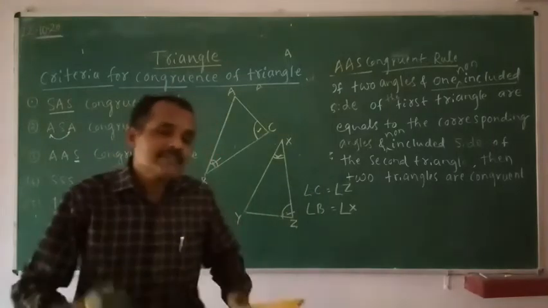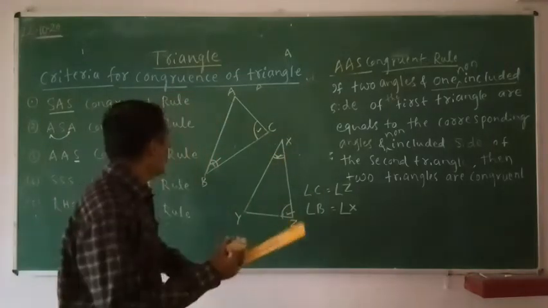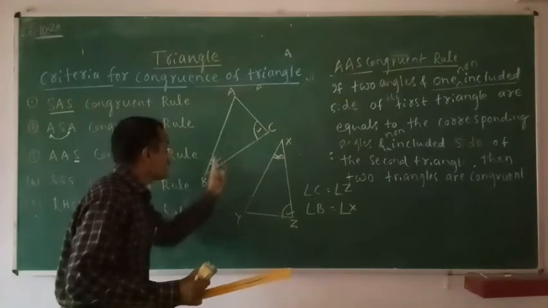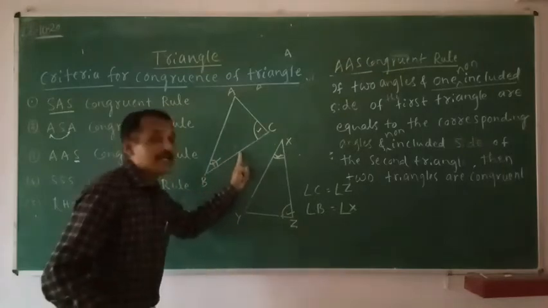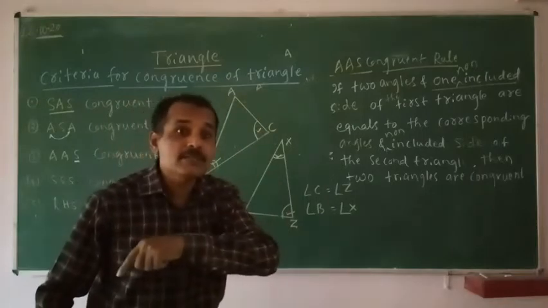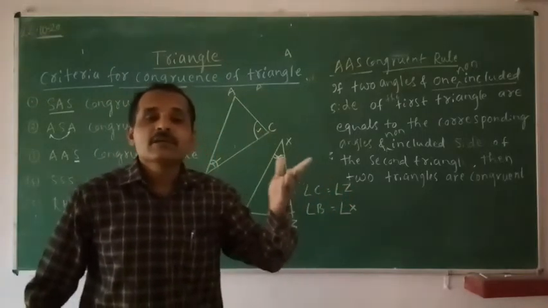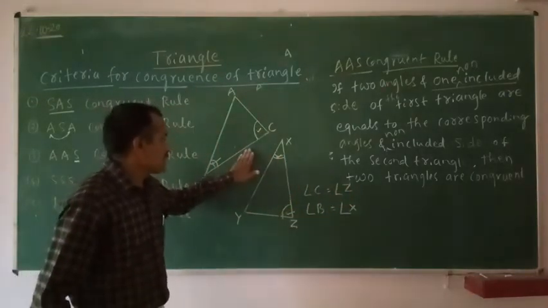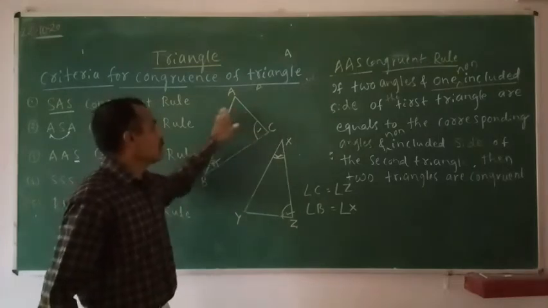My dear children, first let us see what is the included side. When these two angles are taken, definitely this will be the included side. But now we are talking about a non-included side. Non-included means except this, you can choose any one of these.